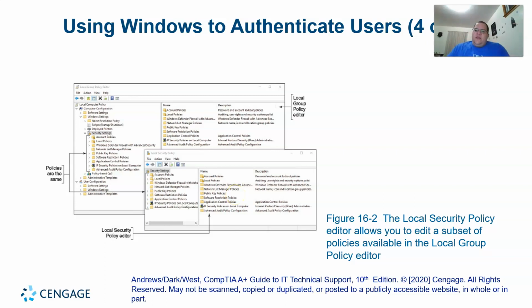This one only affects the computer you're doing it on. So if it's not on Active Directory and you need to do it on your computer, this is the way: go to gpedit.msc and change what you need.